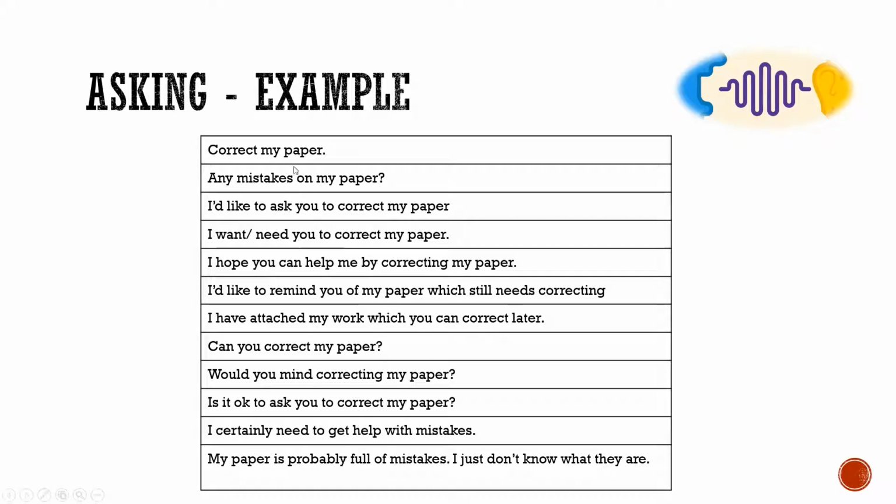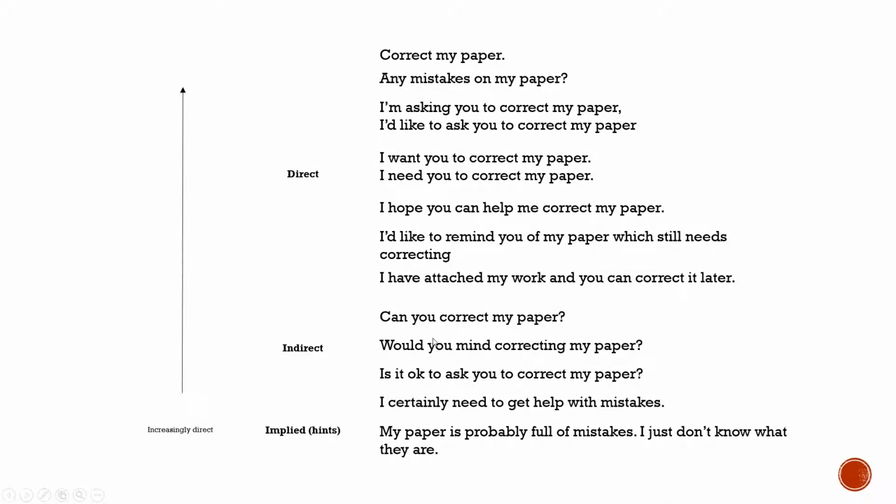The ones at the top, the easier ones, the shorter ones, are actually not very appropriate. Why is this? Well, the ones at the top are more direct. And in English, being direct is not considered polite.